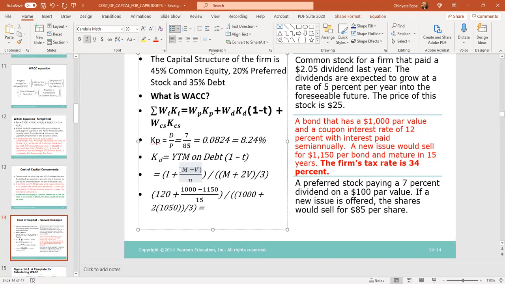It is I plus (M minus V) over N. So I is 120, and M minus V is 1,000 minus 1,150, over 15.